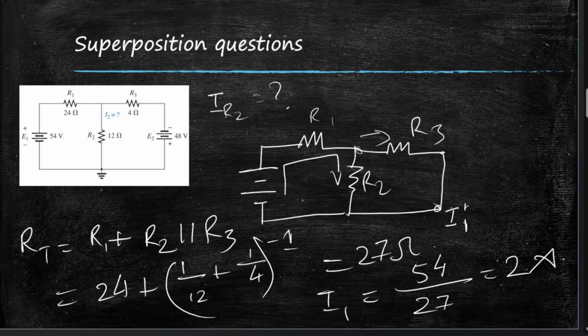I1 prime is the current flowing through the resistor R2 due to E1. So I1 prime is equal to, again, the resistor we need, so R2 plus the other one R3, and then on top the other one, times the total current, which is I1. Okay, let's copy this and go to the next page.